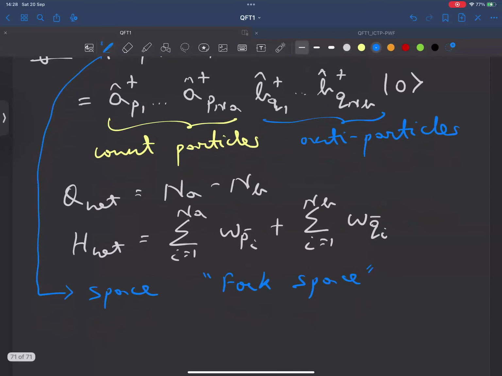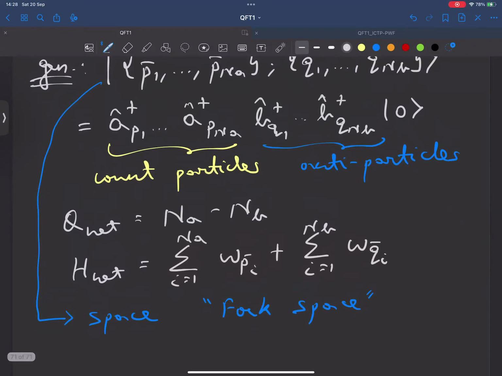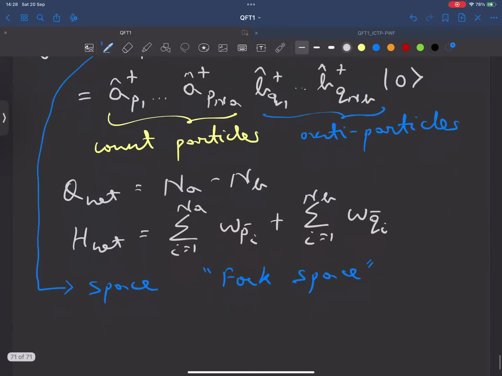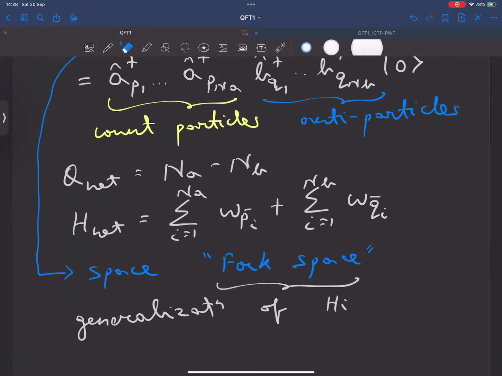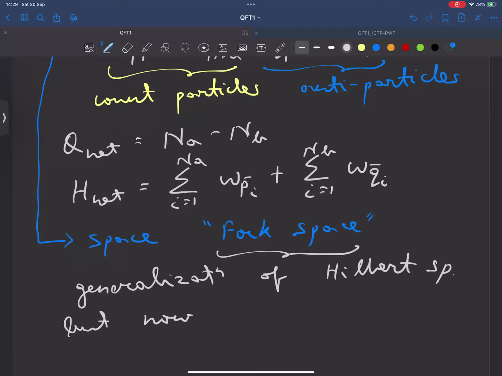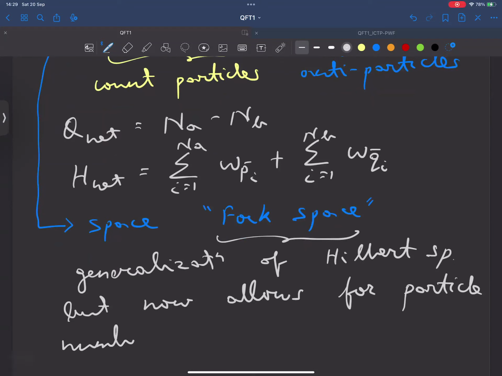So the Fock space is like a generalization of the Hilbert space that you are familiar with in quantum mechanics, where the particle number remains conserved, but now allows for particle number not generically conserved.